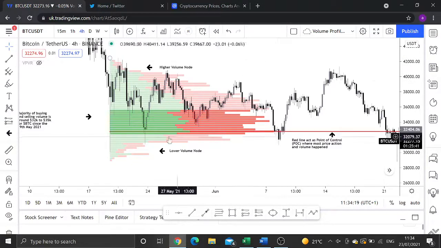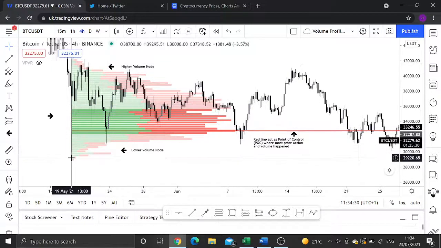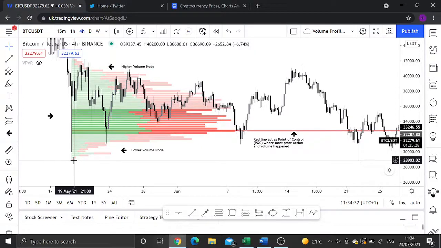So when we saw price come back down to this region here at 28,857, the volume was relatively low compared to what there was at 32,000, which tells me probably a fake out in price in selling pressure, and then the price will bounce back up to where more buying and selling pressure was. So that's what we kind of saw.